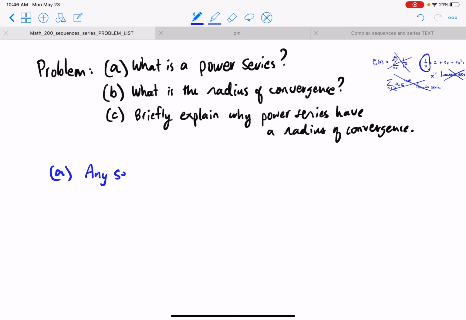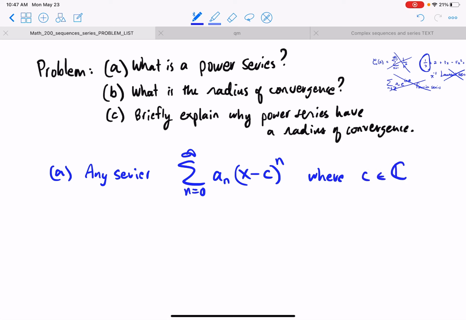Any series, sum from n equals 0 to infinity, it can't be negative exponents, of a sub n times x minus c to the n, where c in the complex numbers is fixed. This is called the center of the power series, and the a sub n are all complex numbers, the coefficients.